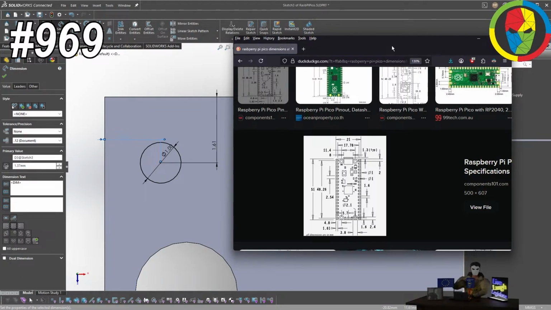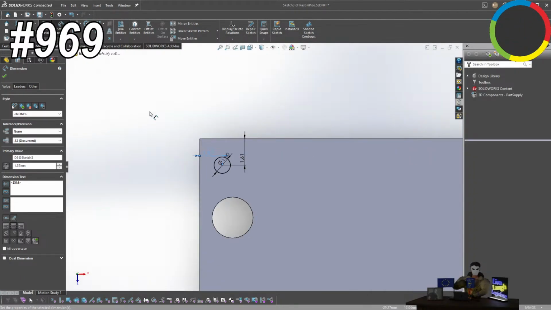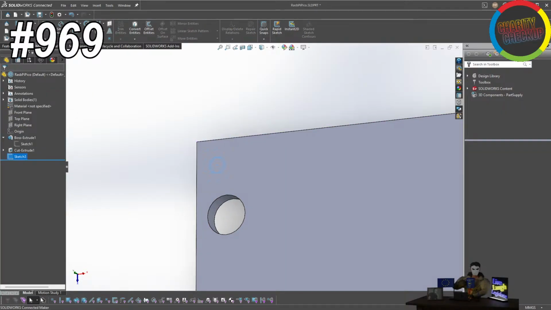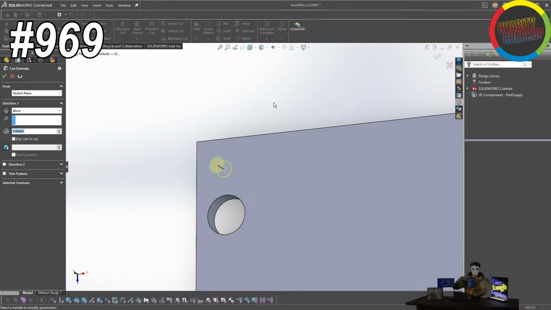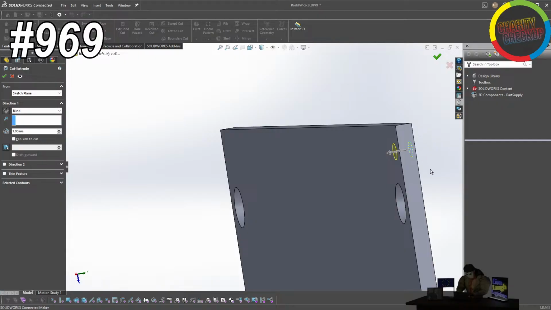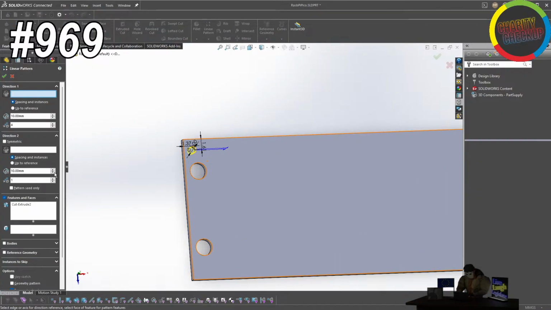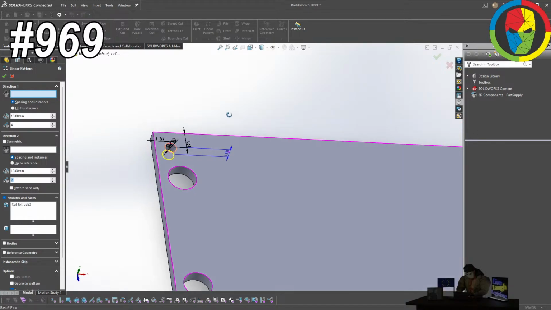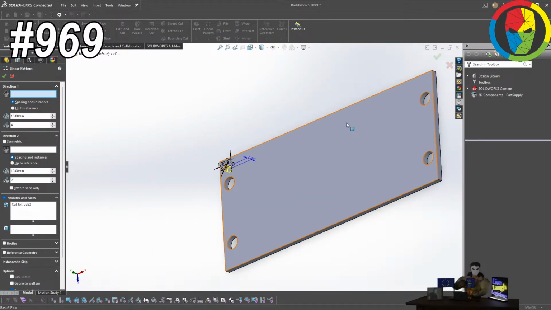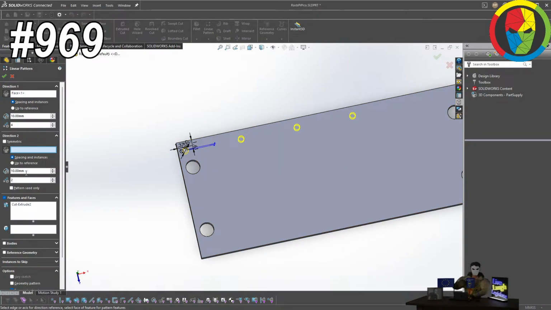The distance between two of them appears to be 2.54. So now what we can do is exit the sketch, and extrude cut through it. And then we can sketch. Let's first do linear pattern. What direction are you going to? This. There we go. 2.54.